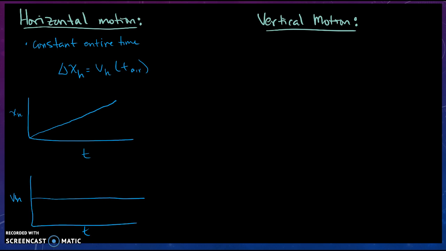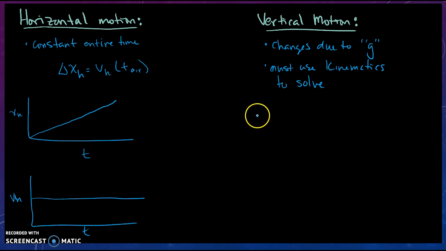The vertical motion, however, this changes due to this acceleration due to gravity g. We actually must use our kinematic equations to solve for it. Okay. And if we were to look at the vertical position versus time, because it is accelerated, you'd start off at maybe some height, if you're above the ground, and it would actually accelerate.